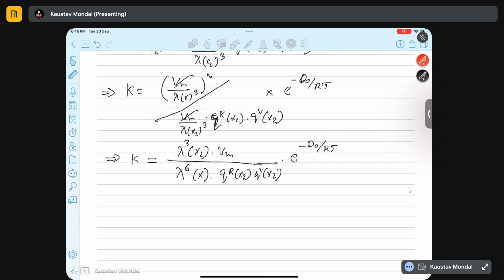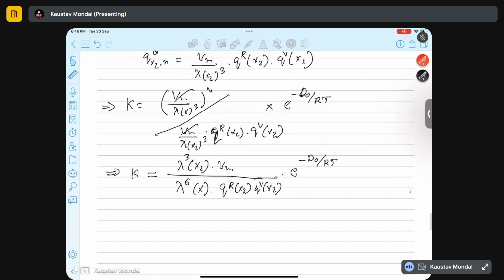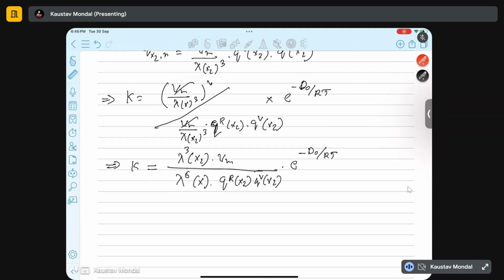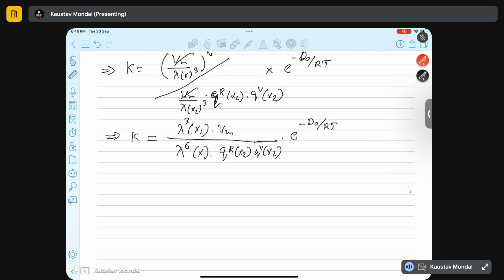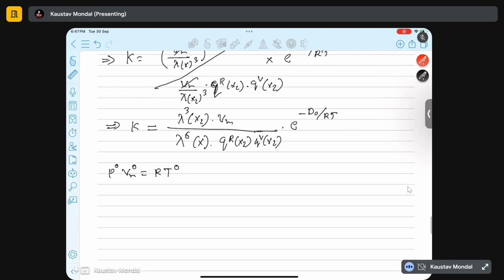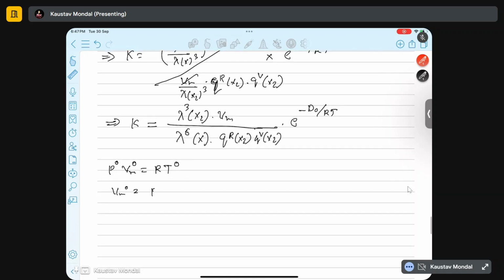So one more thing that you can do, since this whole discussion is about when the system is in standard state, is write P0 Vm0 equal to nRT0. Since we take n equal to 1 for 1 mole, we can write Vm0 in terms of RT by P0, since the pressure is 1 bar, which we know in the standard case.